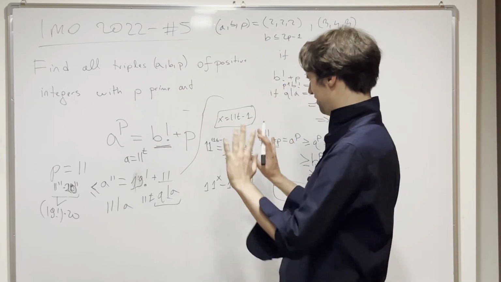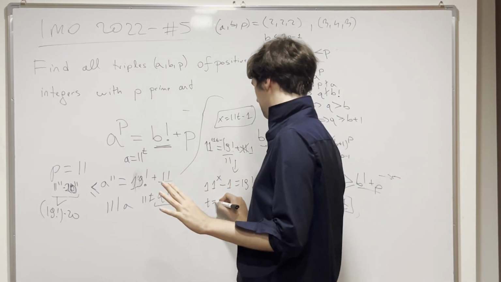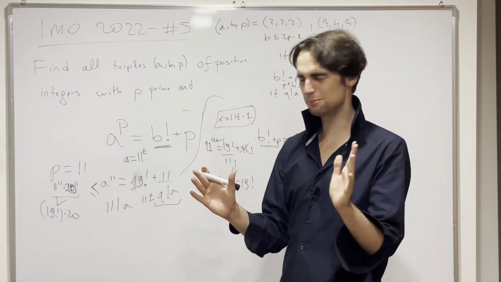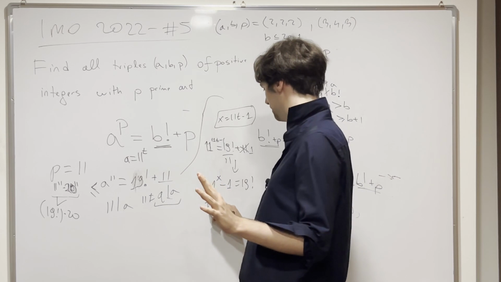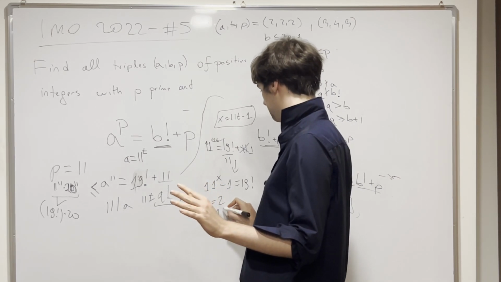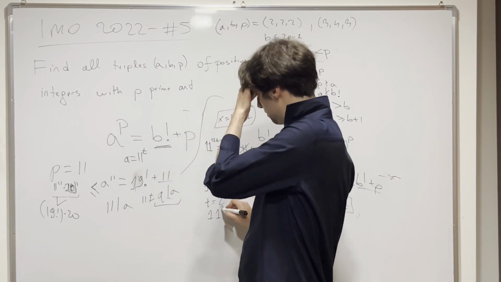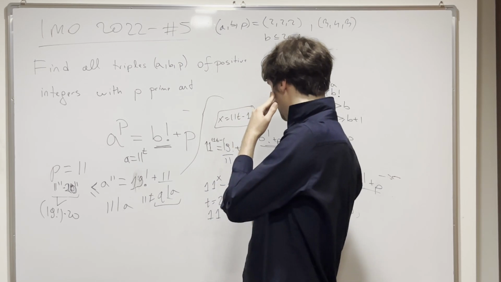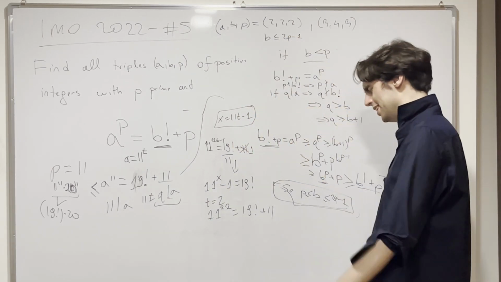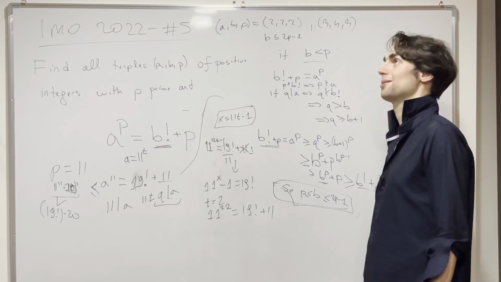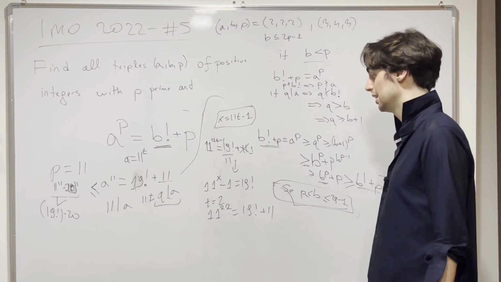Let's actually check this out. If t is equal to 2, can we just do a size argument to begin with? For t equal to 2, we'd have 11 to the power of 22 is equal to 19 factorial plus 11. Now, 11 to the power of 22.